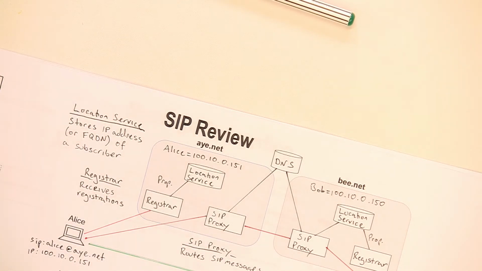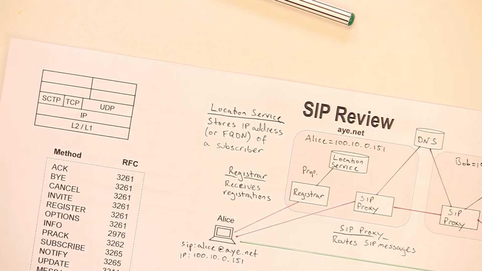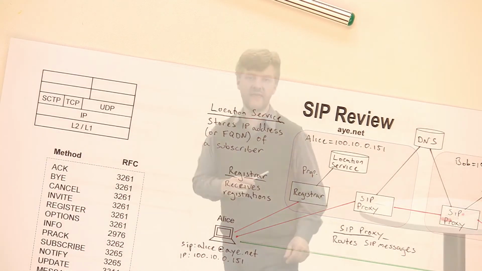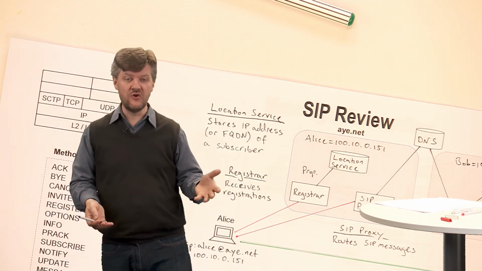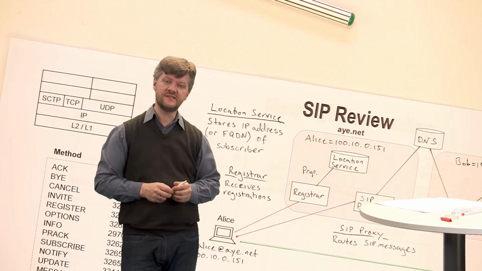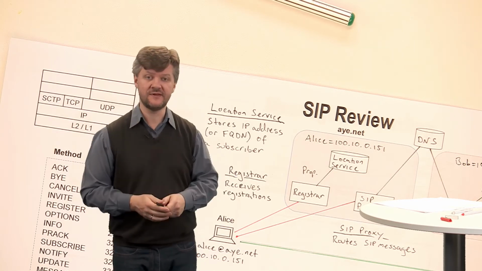As you will see later on, it can actually store more things than that. For instance, it can store the port number if you're not using the standard port of SIP. But we'll get back to that later on, as this is a SIP Advanced course.